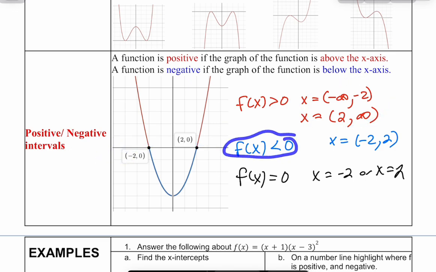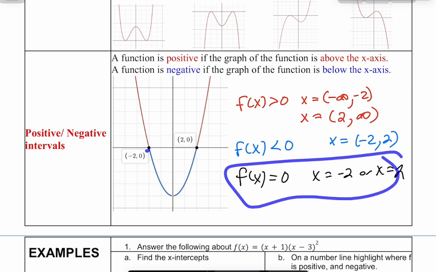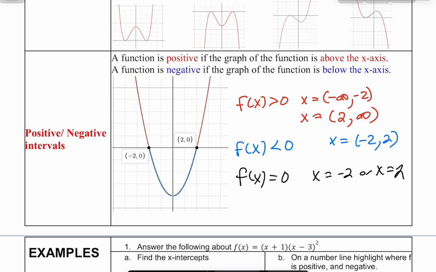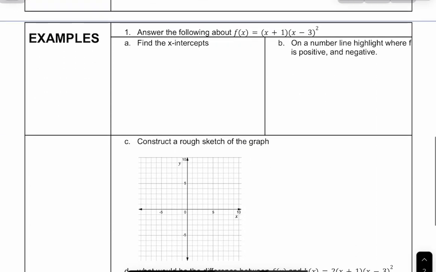The function is negative in this little bump here only, so only from this value to this value. And then our function equals 0 exactly at those values. So it's just a matter of pulling apart what is the function's height, and what are the x values where that happens. Okay. So now let's go to an example.